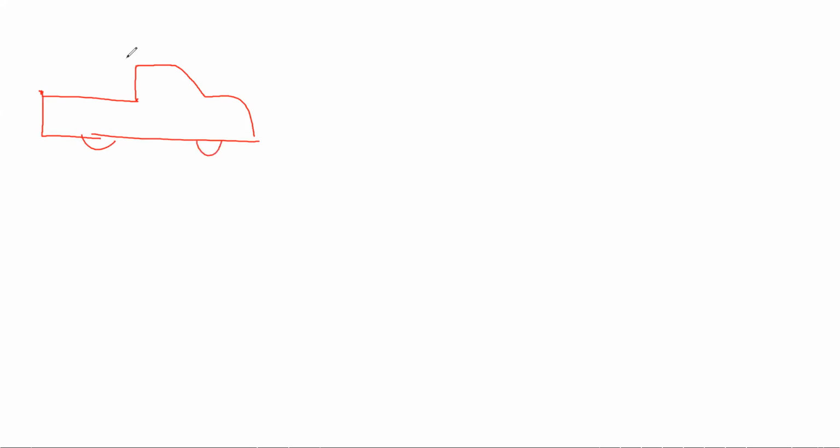So we have a pickup truck that is starting from rest and it's got a box in it. You're moving a box on the truck and you don't want it to slide backwards. So you have to accelerate at a rate so that the box doesn't slip.